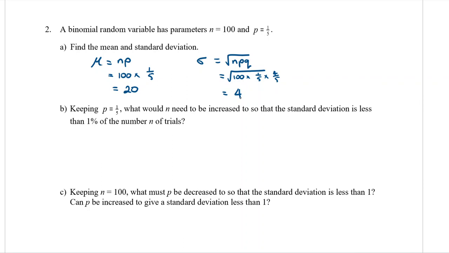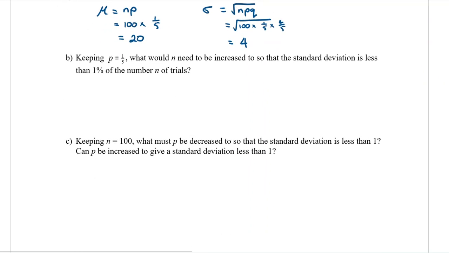Keeping p equal to 1/5, what would n need to be increased to so that the standard deviation is less than 1% the number of trials? So in a formula sense, my standard deviation needs to be less than 1%, but percentages, like we get decimals out of these, right?